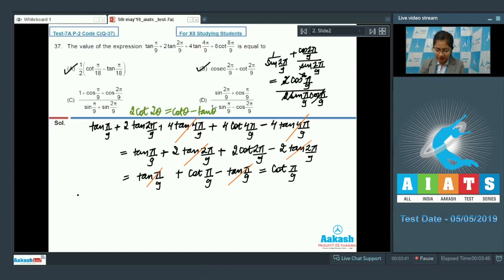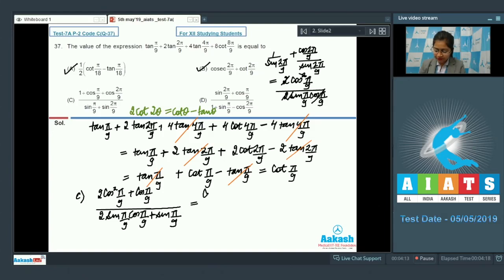Now option number C, which says that 1 plus cos 2 pi by 9 can be written as 2 times cos square pi by 9 plus cos pi by 9, and in the denominator we have sine 2 pi by 9, that can be written as 2 times sine pi by 9 into cos pi by 9, plus sine pi by 9 is already given.